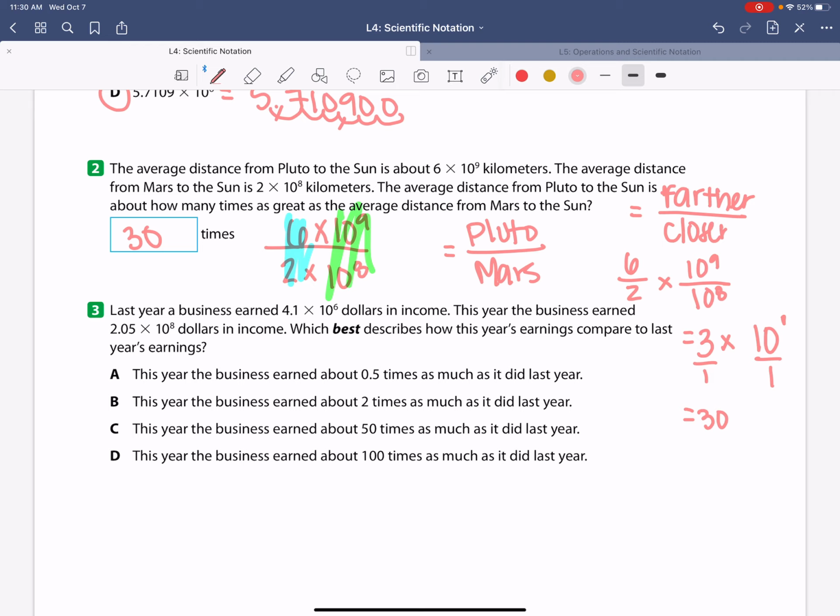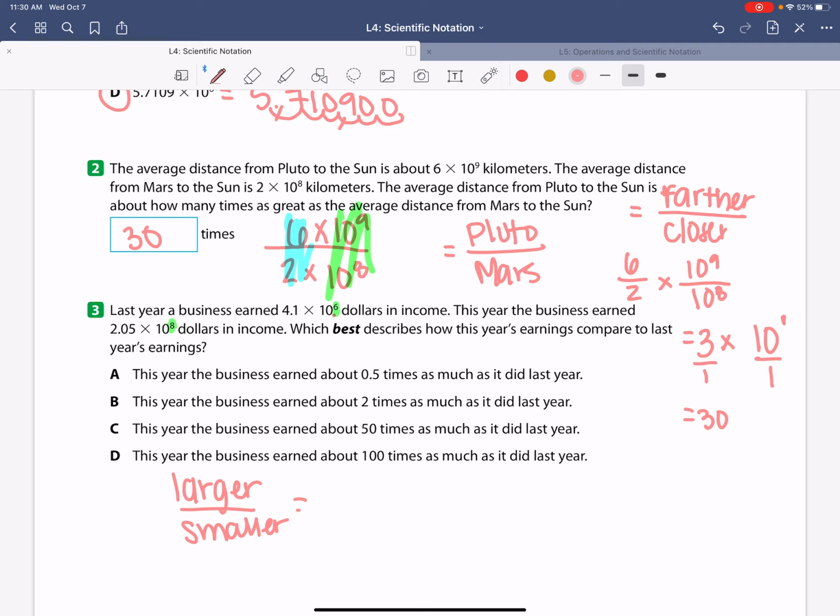So when we're trying to figure out the difference or comparing two numbers written in scientific notation, you need to figure out which one's larger over the smaller number. Larger over smaller. In order to do that, the quickest way is to figure out which one has a larger exponent. We have 6 versus 8.